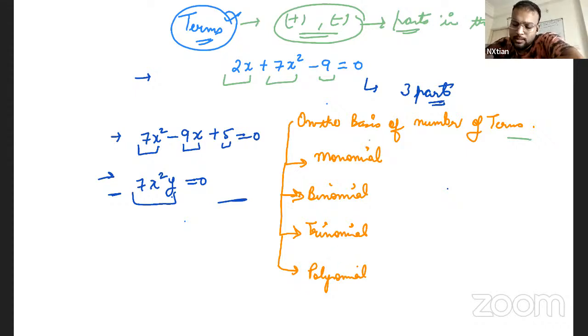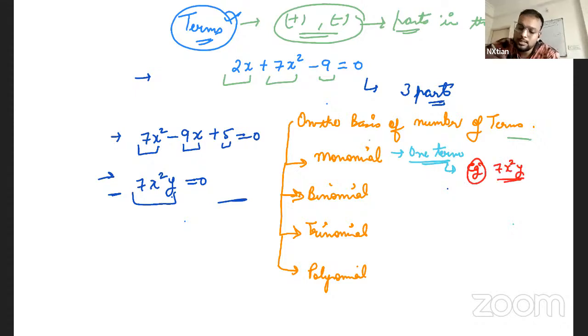Now, monomial means if there is only one term, it will be considered as monomial. For example, 7x squared. Only one term is there, then it is called monomial.